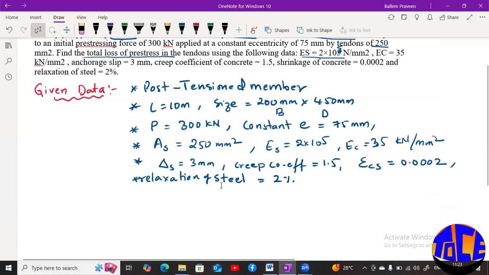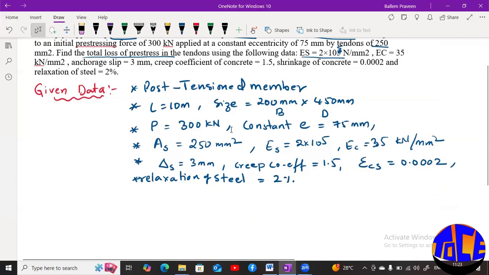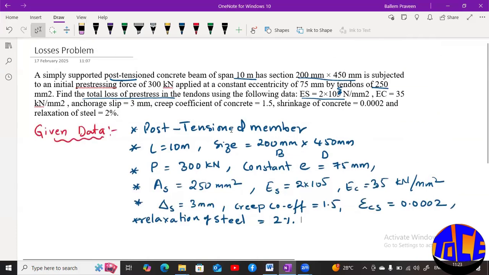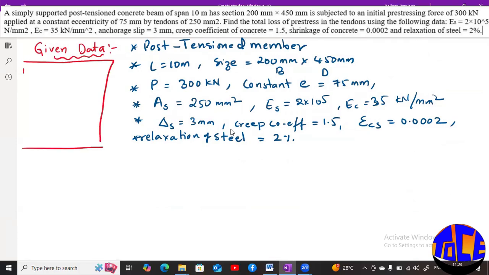Before solving this problem, we need to know what losses there will be in a post-tension member, because he has given that this member is a post-tension member. For a post-tension member, we are going to have 5 losses. What are those losses?